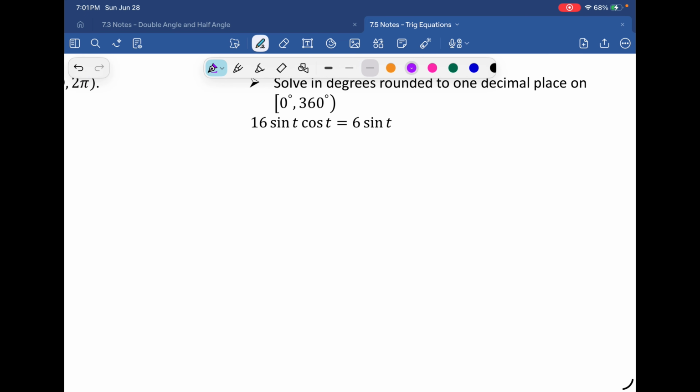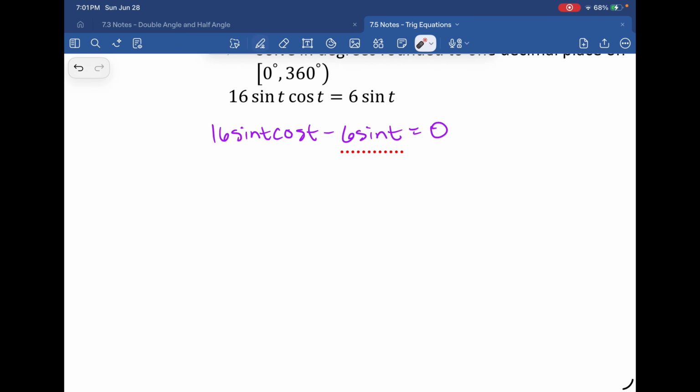All right, a little harder on this one because I have mixed trig functions. I have sine and cosine. So I am going to treat it like a quadratic and get it to equal 0 by subtracting 6 sine t. The reason I'm doing that is because I know it's going to be a common factor, a GCF.